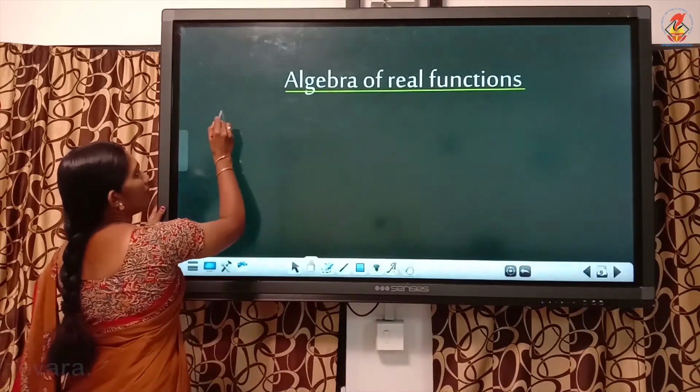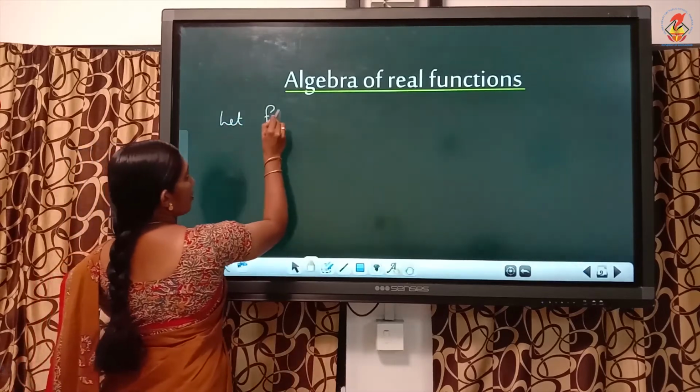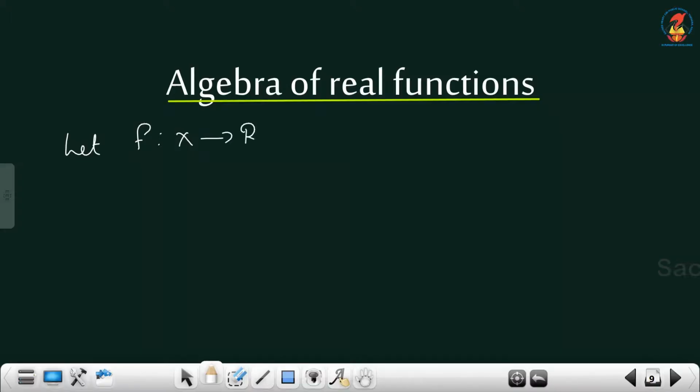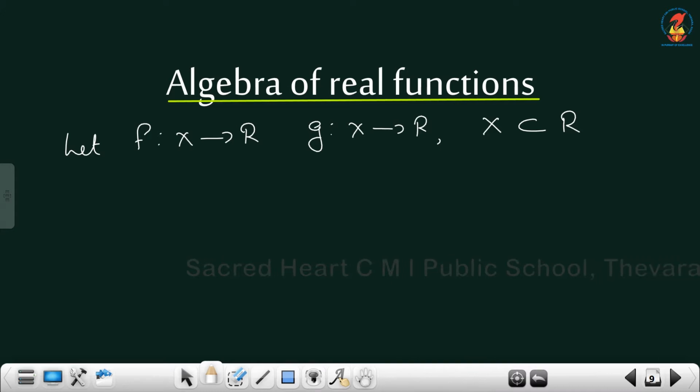So let f be a function from X to R and g be another function from X to R, where this X is a subset of R. Okay, this R means the set of real numbers. Then first one, addition of two real functions.